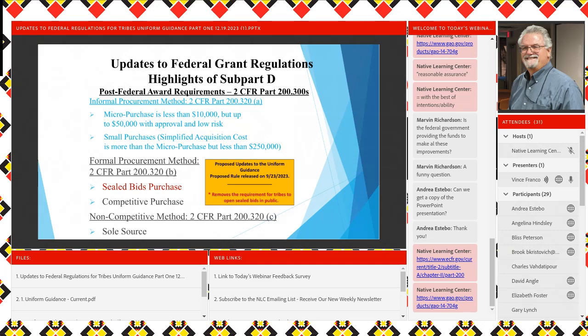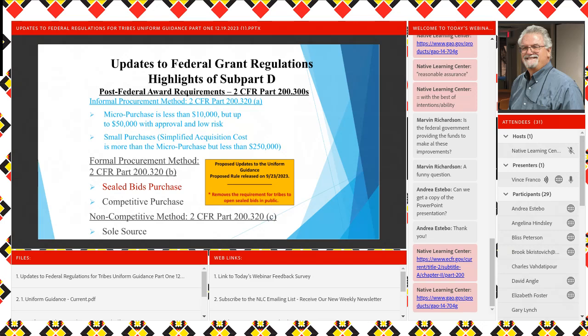That might change. Right now, the requirement is that all sealed bids for a general contractor, for an architect or engineer, wherever you use the sealed bid process, part of that protocol, as outlined in the uniform guidance, is to have a public opening of the sealed bids. Public opening in a public arena of some kind.